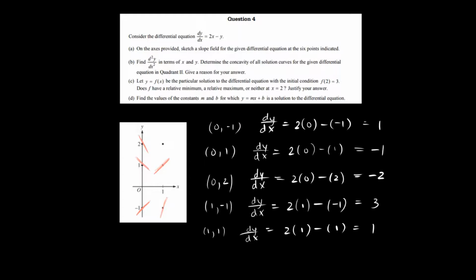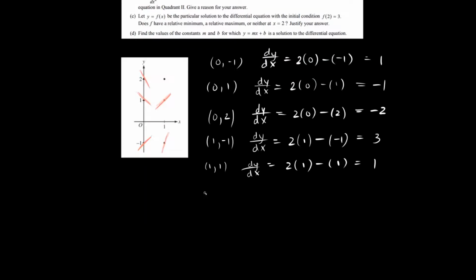And lastly, you have the point 1, 2, so dy dx would equal 2 times 1 minus 2, which is equal to 0. So the slope at this point would just be a horizontal line. And that would be part A.